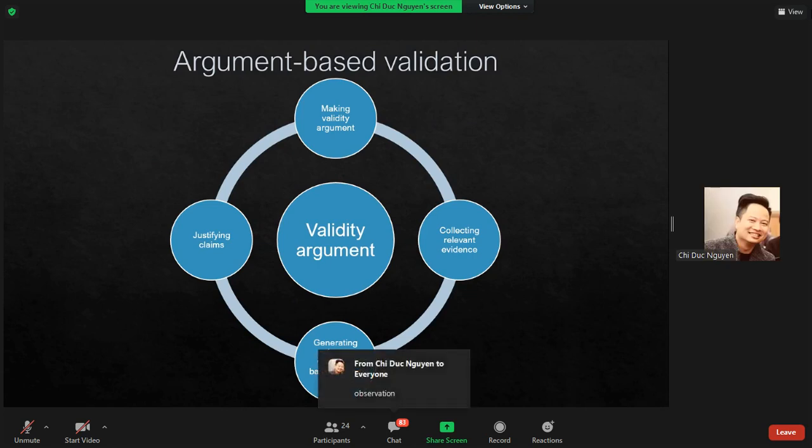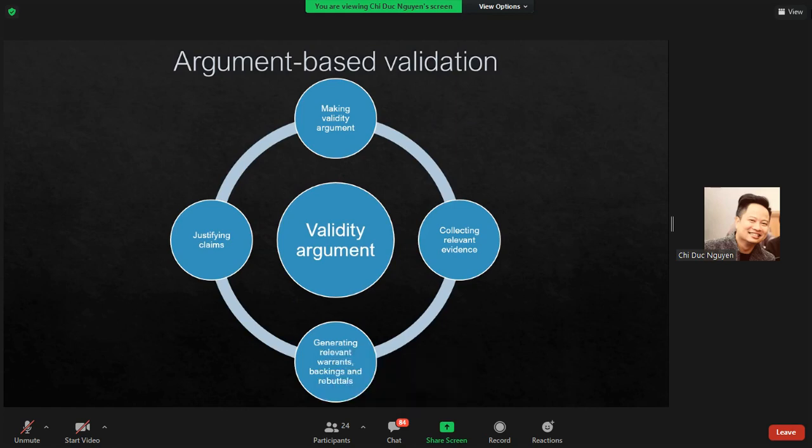Okay, so we can videotape. We just video record it. Okay, we can use the video recording evidence as a way to justify the trustworthiness of the responses, to see whether they tell the truth or not.